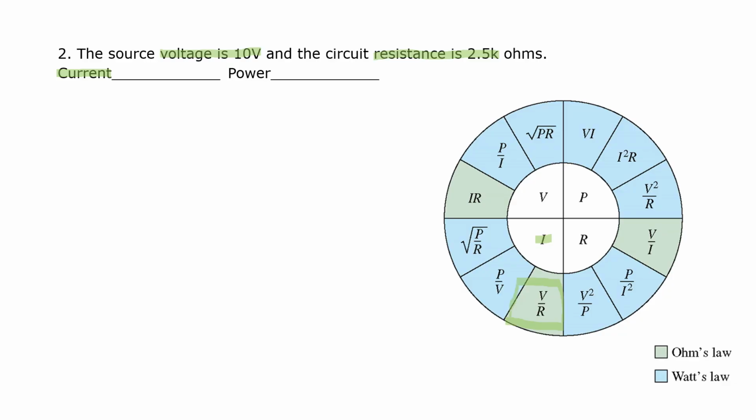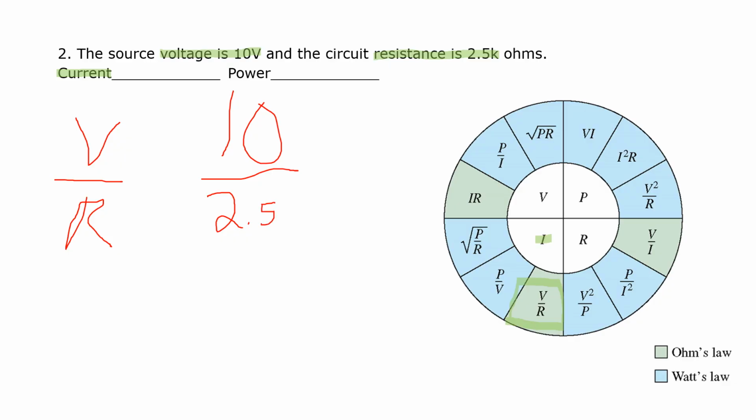So it says that we have volts divided by our resistance. So that'll be 10 divided by 2.5K.